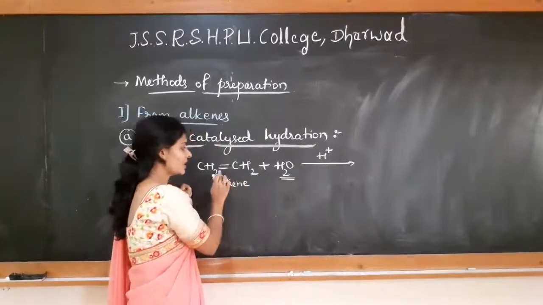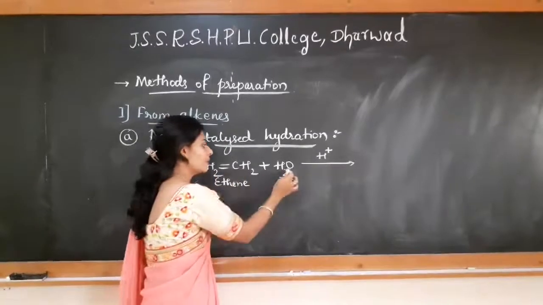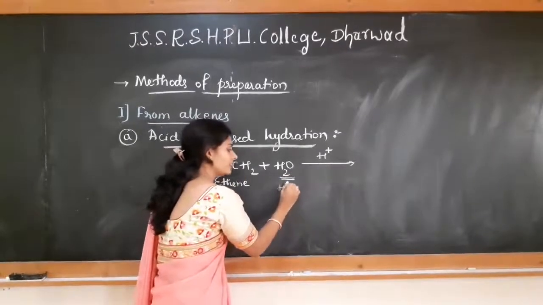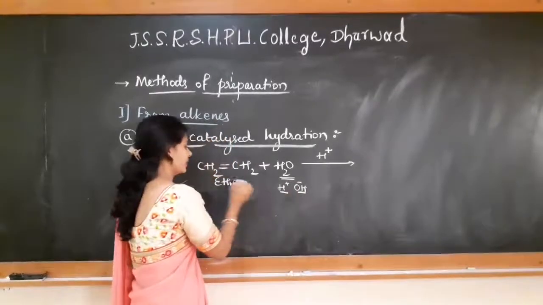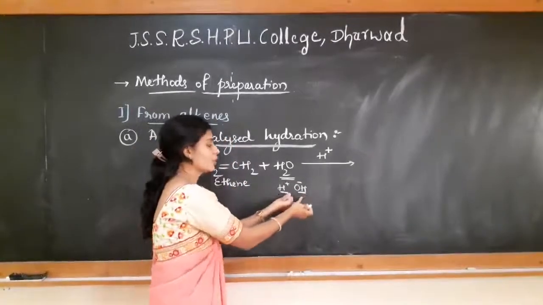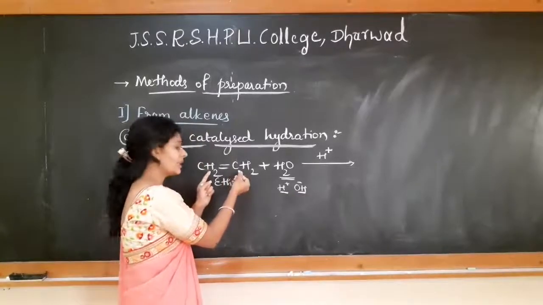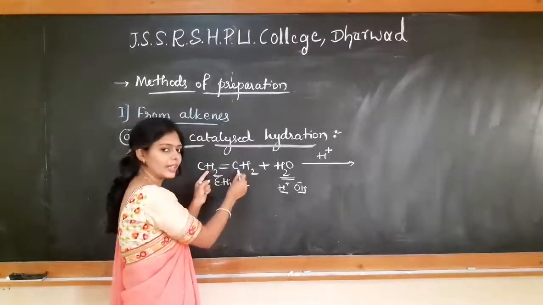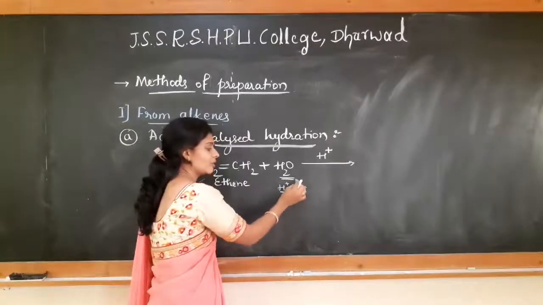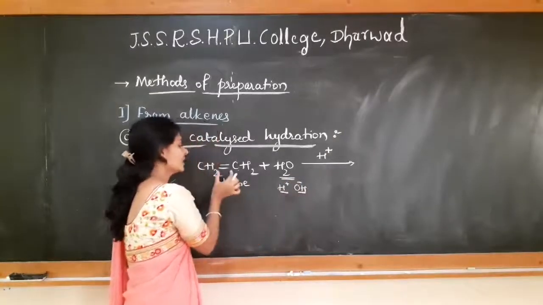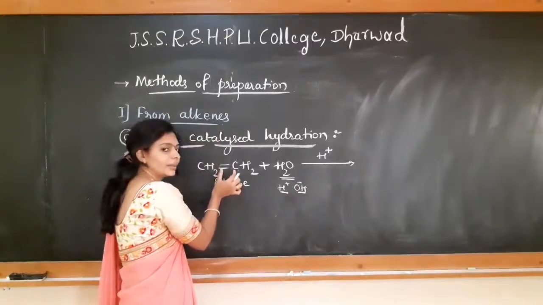Addition of water takes place across the double bond. In H2O we have H plus and OH minus. So these groups are going to attach to these two carbon atoms. H plus and OH minus are the constituent species, and this attacks the double bond.